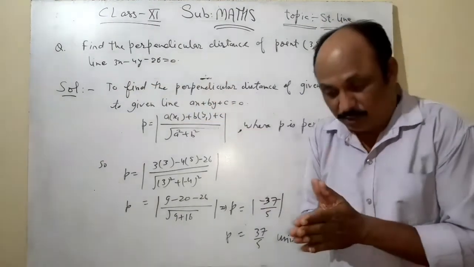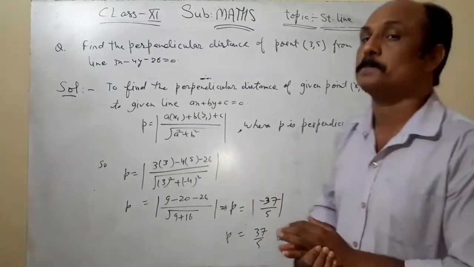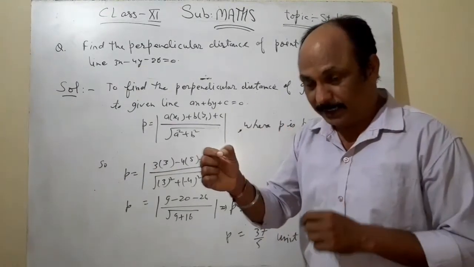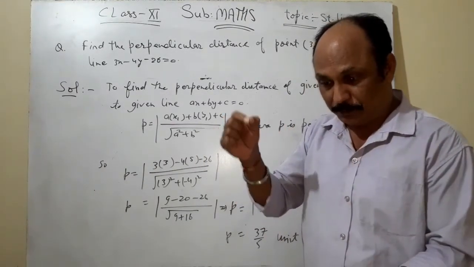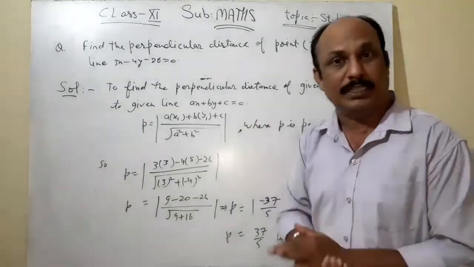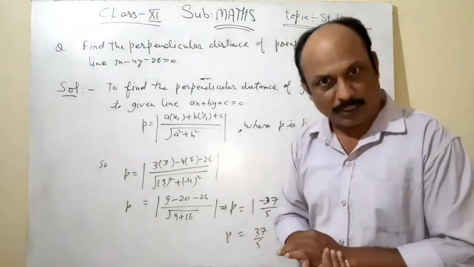बेटा ये थोड़ा सा नया टॉपिक हमारे पास है. किसी भी पॉइंट की किसी स्ट्रेट लाइन से परपेंडिकुलर डिस्टेंस अगर कैलकुलेट करनी हो तो एक सिंपल सा हमारे पास फॉर्मूला होता है.